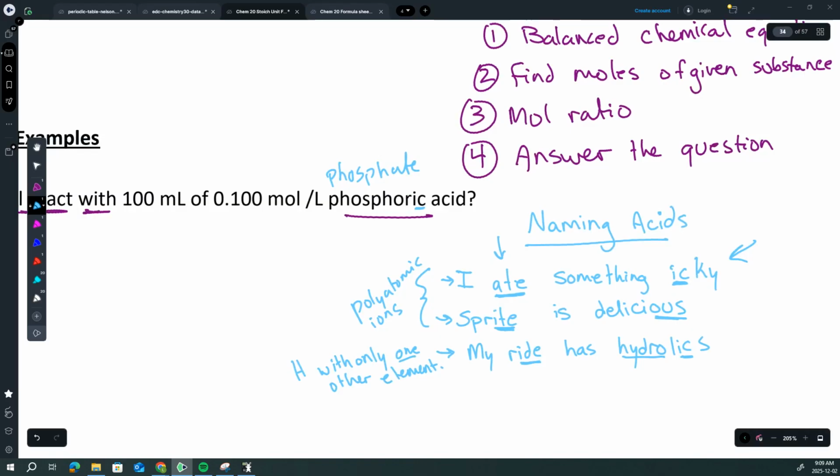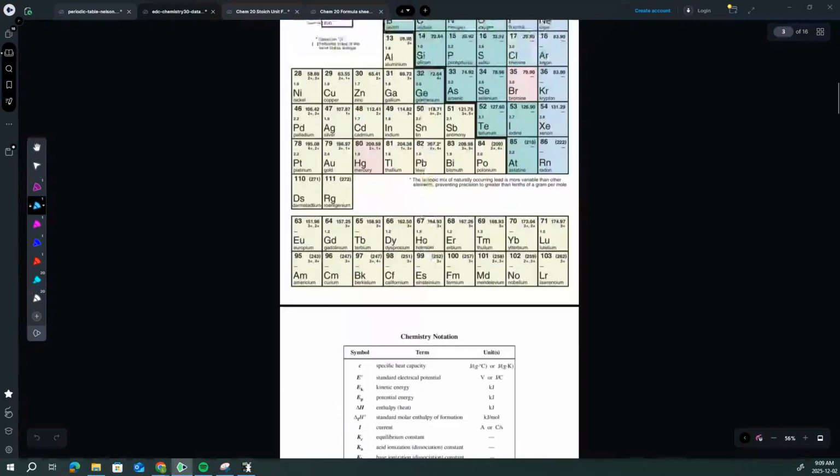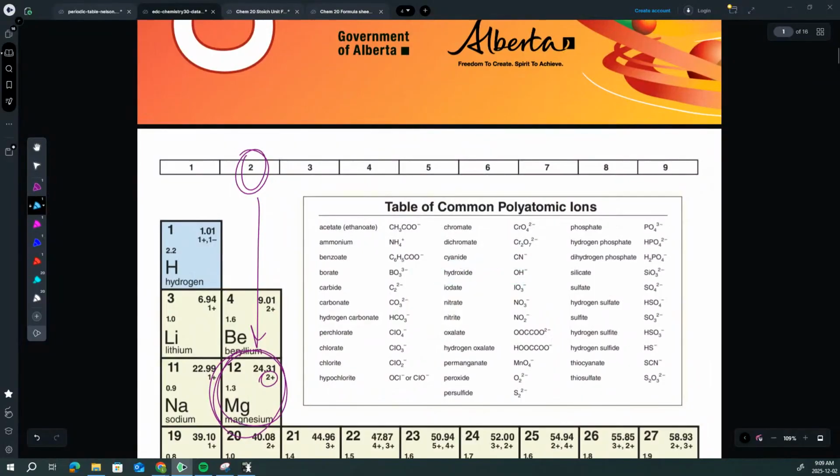If we take a look at our data booklet, phosphate, we can find it right here. That's PO4 with a 3 minus charge.